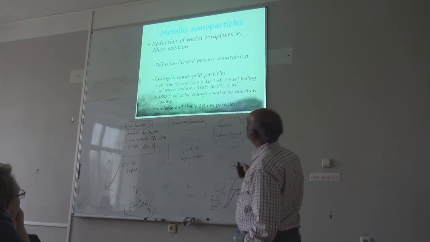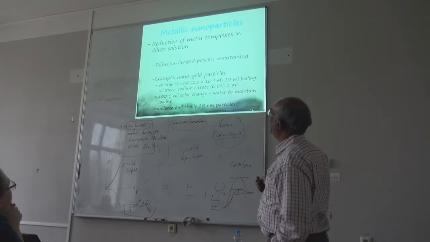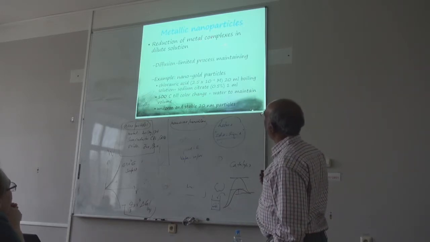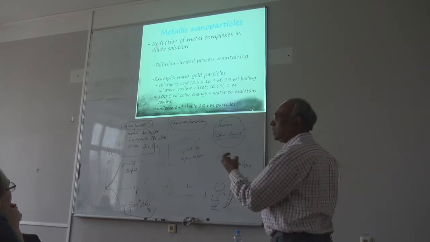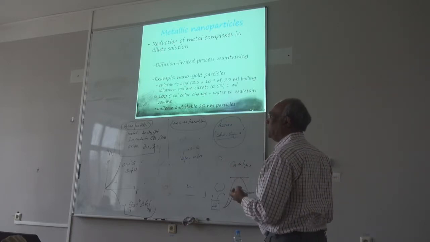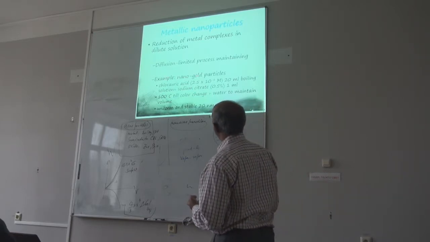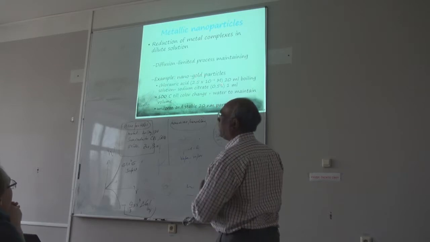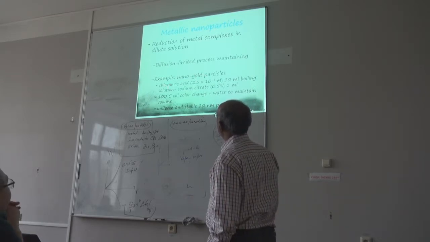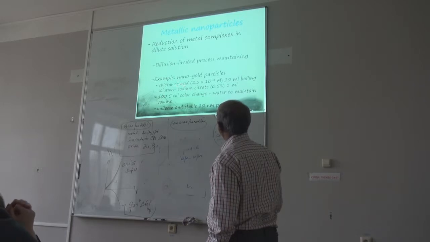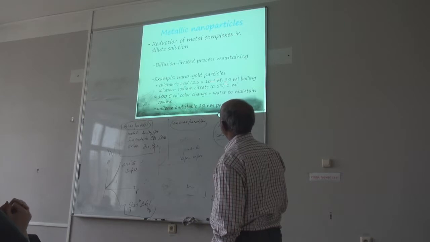First, metallic nanoparticles. If you want to make metallic nanoparticles, you take the metal complex and reduce it in very dilute solution. That's very simple to do. If you want to make nano gold particles, you take chloroauric acid and boil it in sodium citrate.